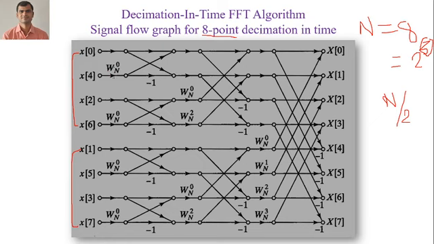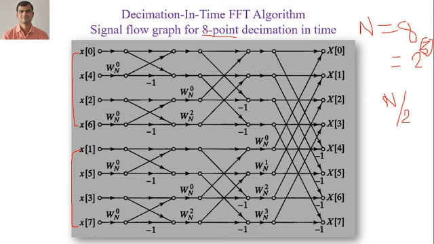You can see here the Twiddle factor exponent is there, here also, and here also, before addition. So that is the second difference between DIT and DIF: in DIT Twiddle factor exponents are multiplied before addition, and in DIF they are multiplied after addition.